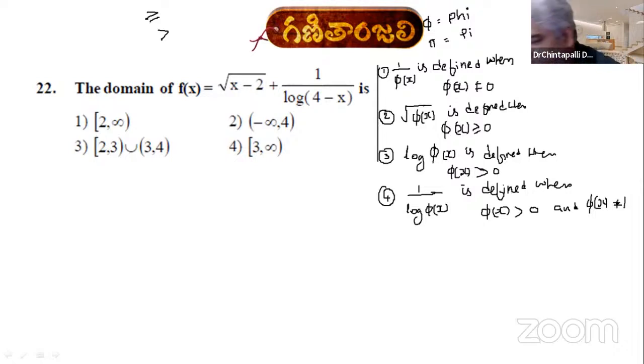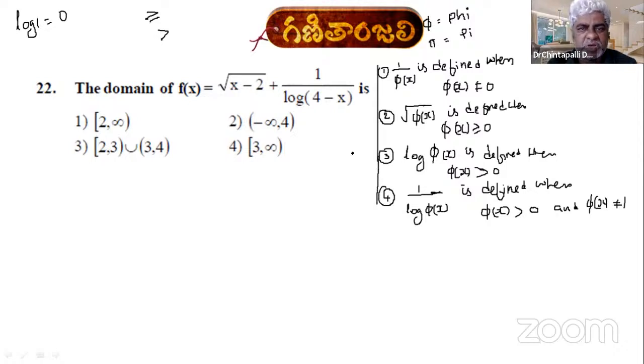You know why phi of x cannot be 1? You know what happens when phi of x is equal to 1? Do you remember the fact? Log 1 is equal to 0. Log 1 equals 0. What happens when phi of x equals 1 in this fourth point? Then log 1 equals 0, sir. Undefined. It becomes undefined, right? These are the 4 points.